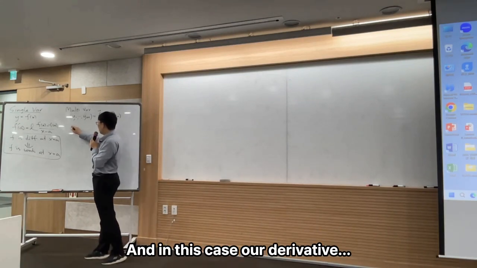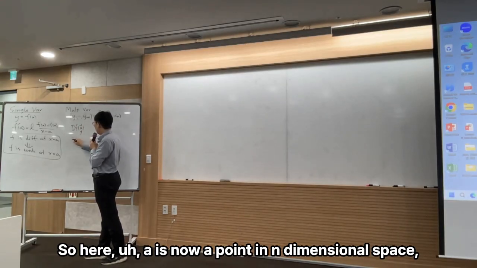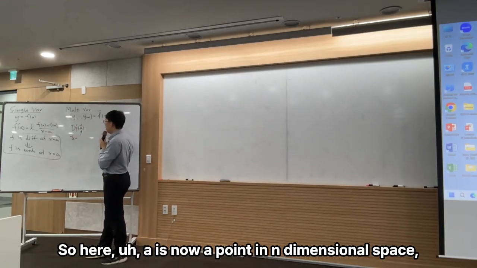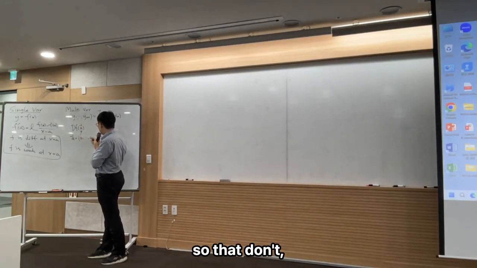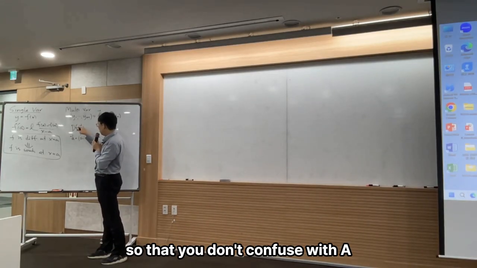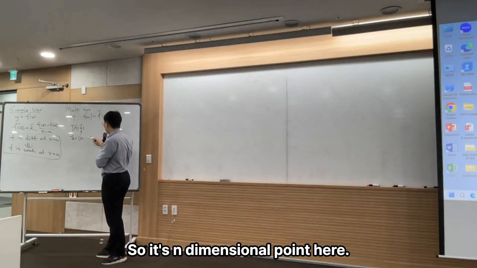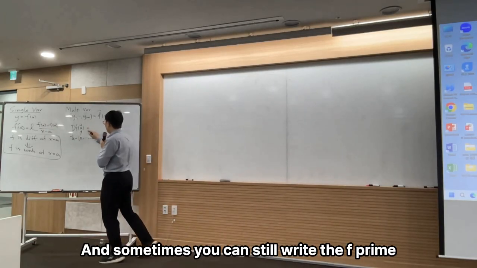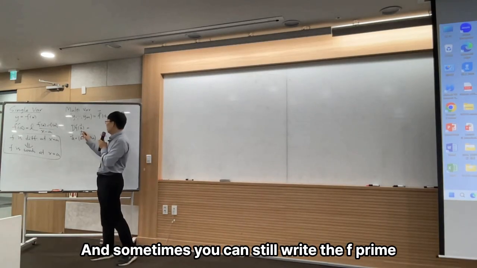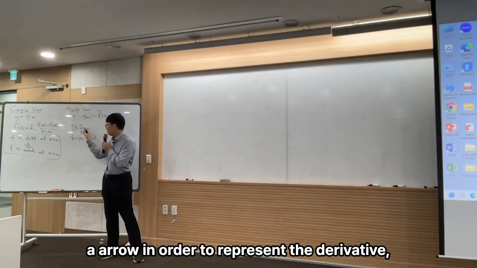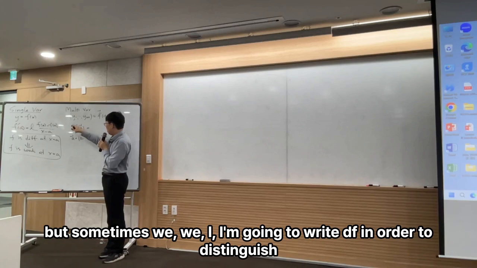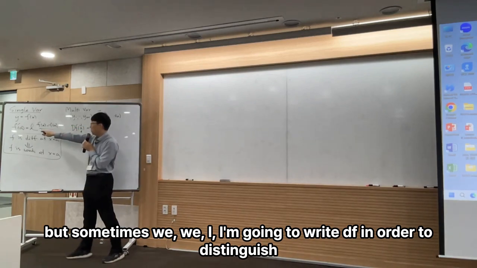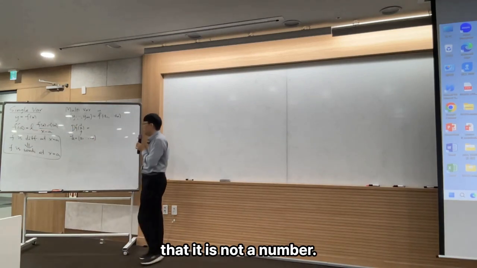And in this case, our derivative, so here, a is now a point in n-dimensional space, so I put an arrow sign here so that you don't confuse it with the number a there. So it's an n-dimensional point here. And sometimes you can still write f prime of a in order to represent the derivative, but sometimes I'm going to write df in order to distinguish that it's not a number.